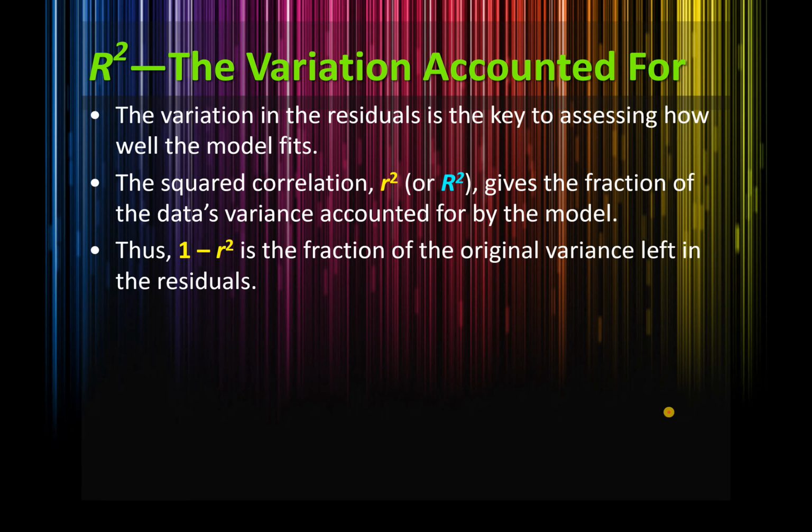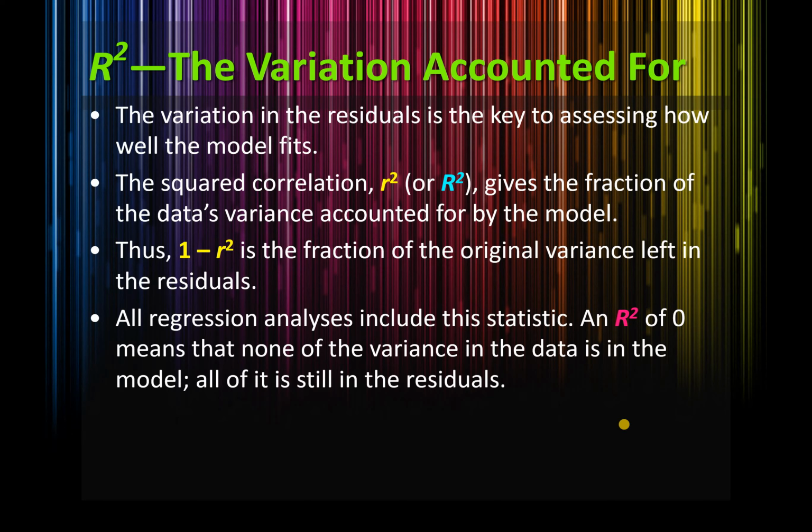Now, no matter what, your regression analysis, and this is not the description of the scatter plot anymore, this is your regression analysis. If you return a regression equation, you must include the R² value. Your R² value tells you how much of, again, the change in y is accounted for by the change in x. And an R² of 0 means that there is no relationship.